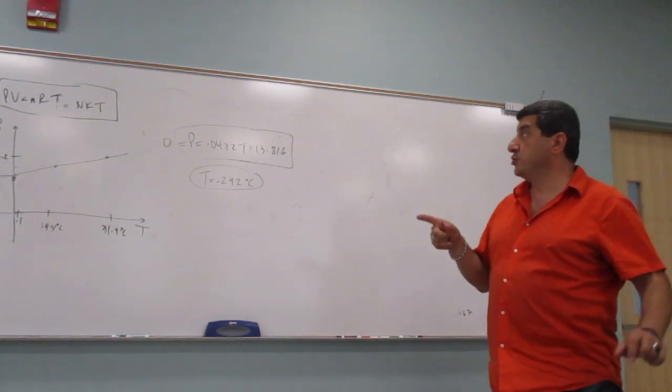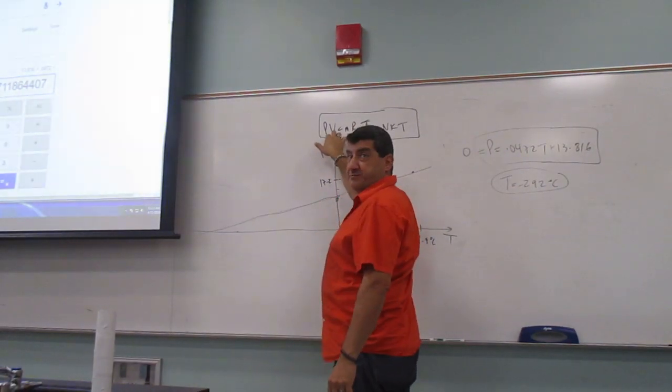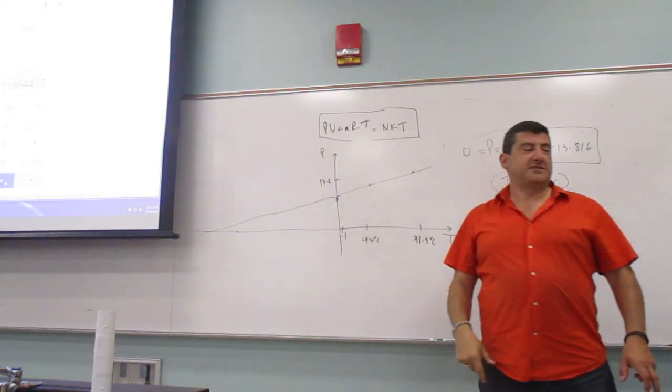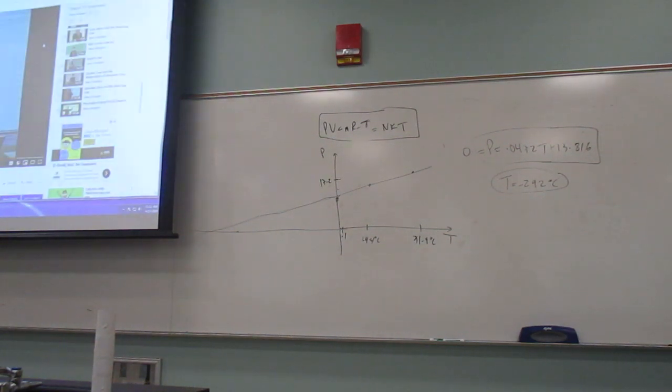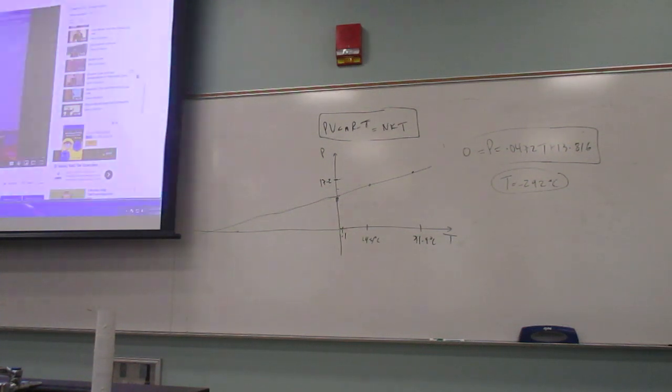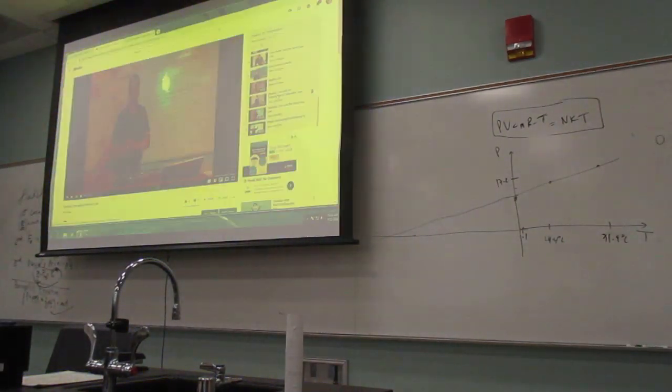There's another one you can do, keeping the temperature constant by changing the volume. There's Boyle's law, there's Charles's law, and there's Gay-Lussac's law, and I always forget which one is which. So I think this one.